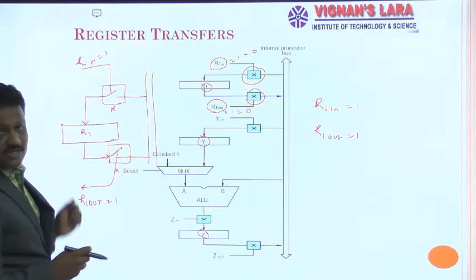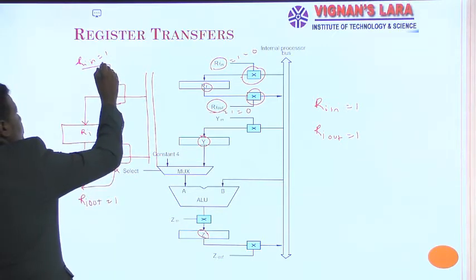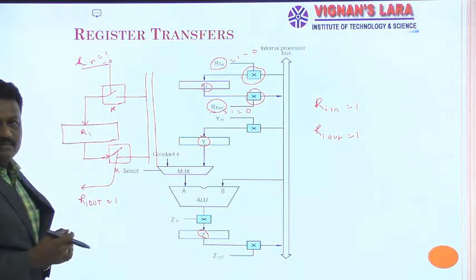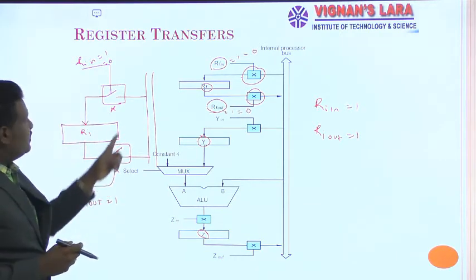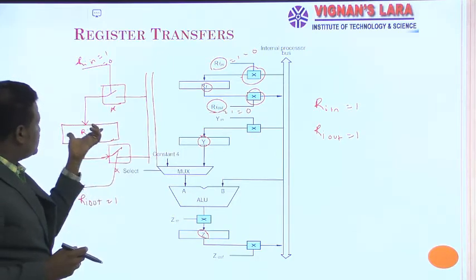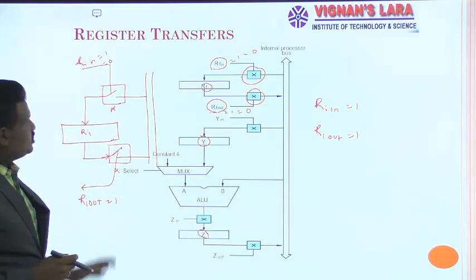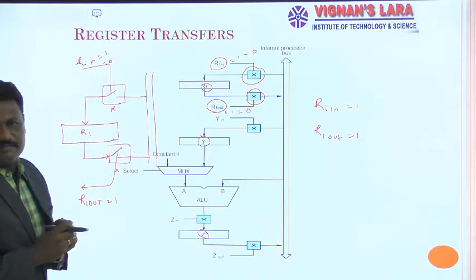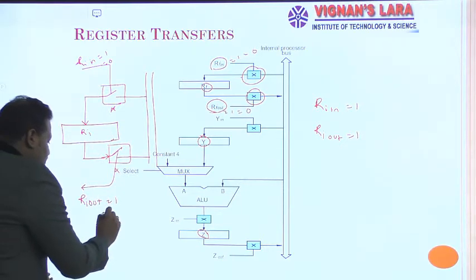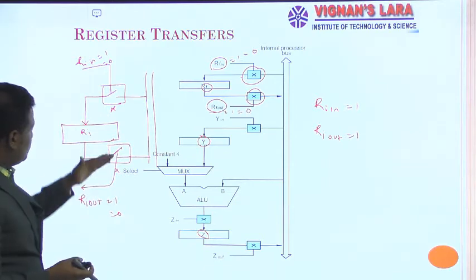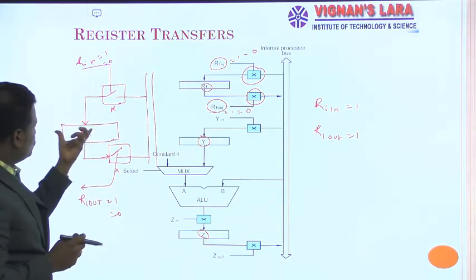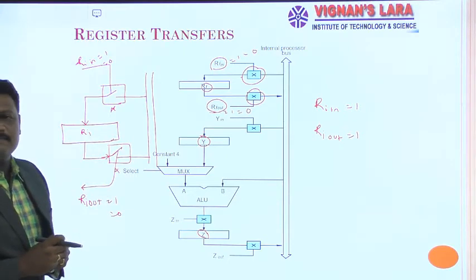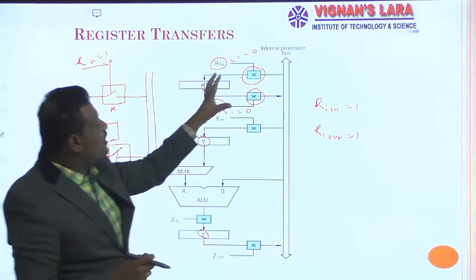If I reverse the logic, that means if I make Ri in equal to 0, the switch is open. Once the switch is open, there is no contact between this internal bus and the input of Ri, so whatever value already exists in Ri is kept as it is. Similarly, if I make Ri out equal to 0, the switch is open, and there is no chance of transferring the Ri value onto the internal bus. So it is a more secure arrangement.